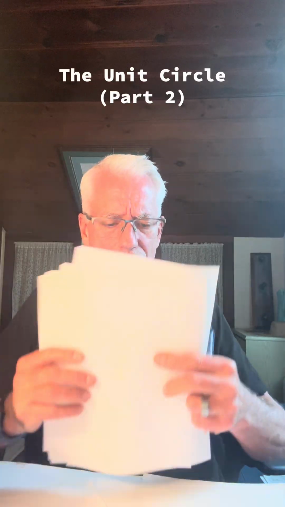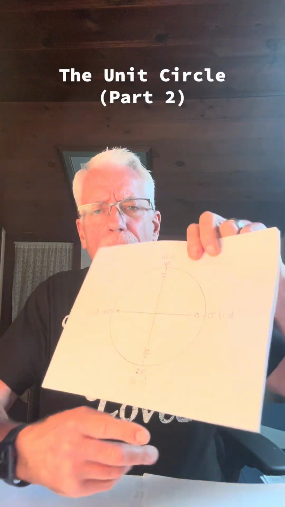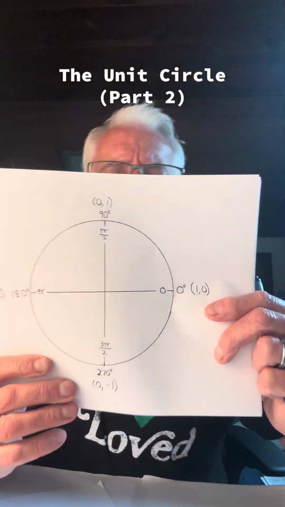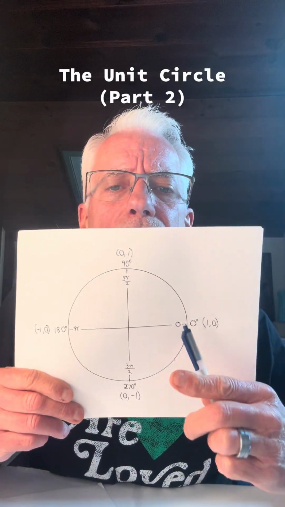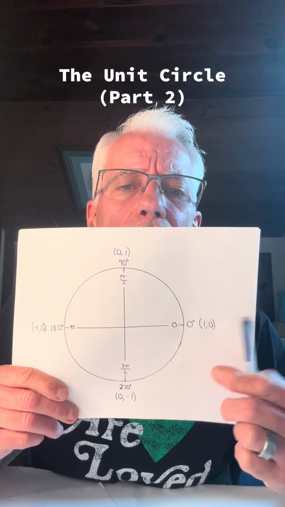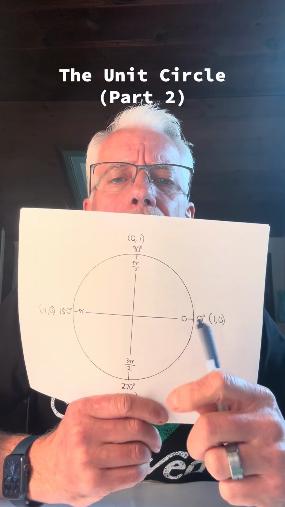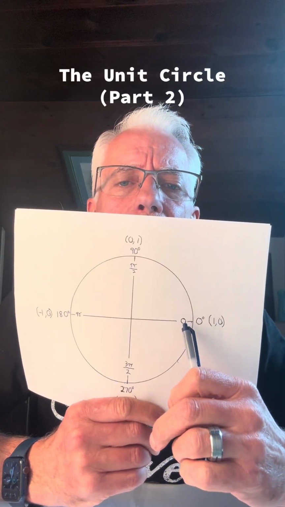All right, so let me get this guy. I'm going to turn it sideways right here. So here's my angle measures in degrees and radians. So this is 0 degrees. I didn't put a pi in there. I thought I did.